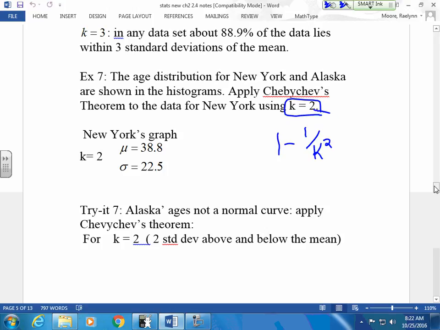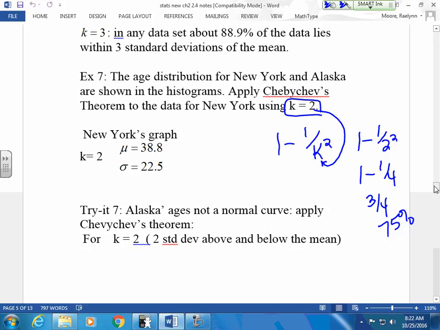So we plug this 2 into here. So 1 minus 2 squared is 4. 1 minus 1/4 is 3/4. And 3/4 is 75%. Okay? So that's how we get 75% of his data will cover 2 standard deviations above and below the mean.